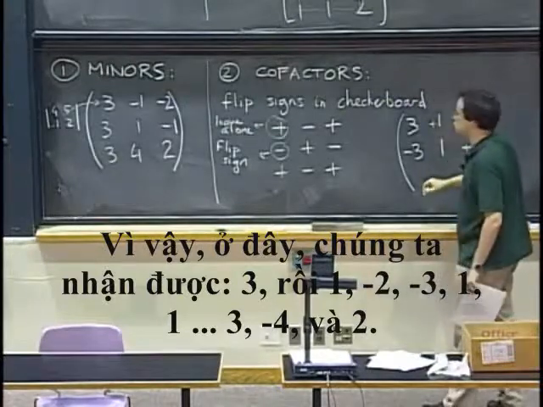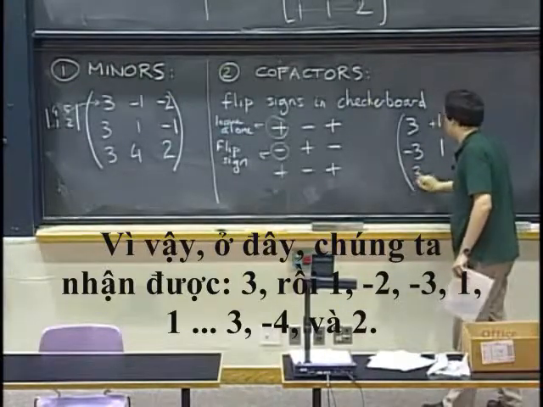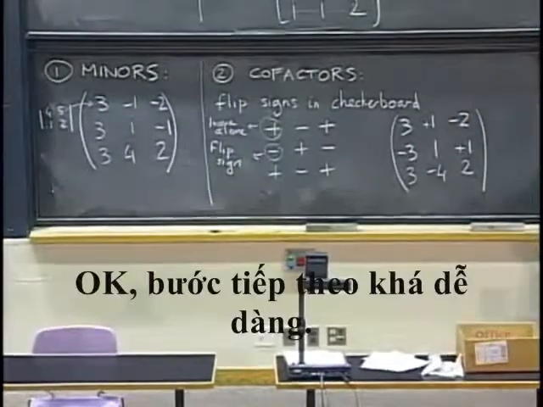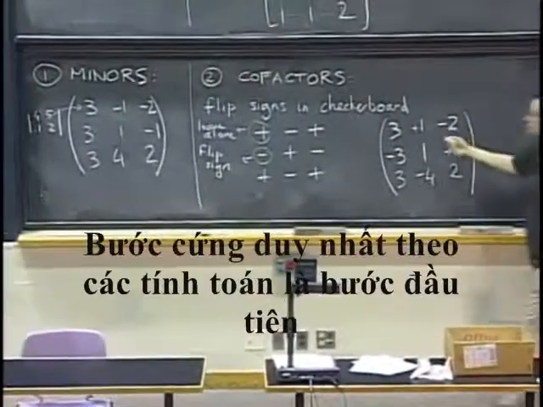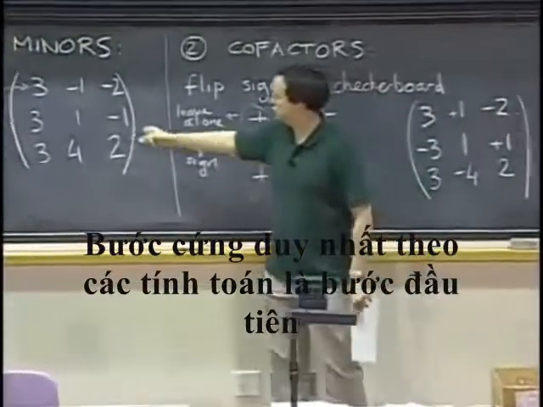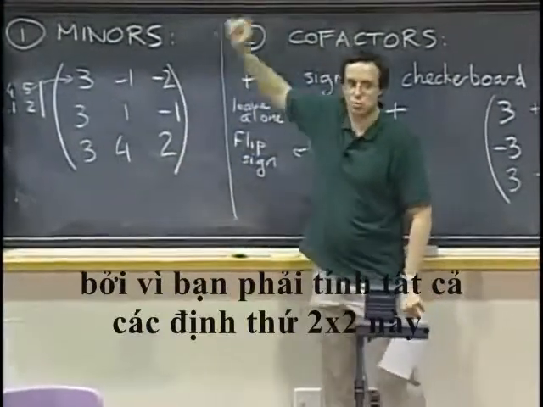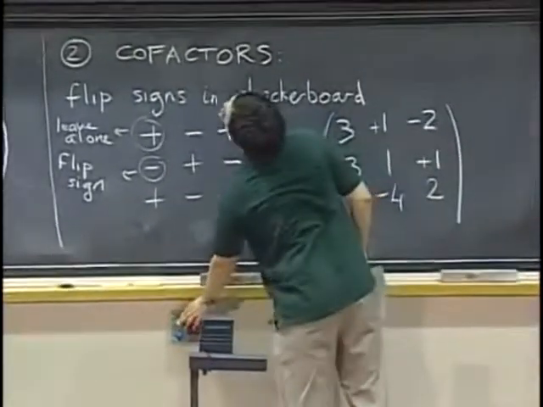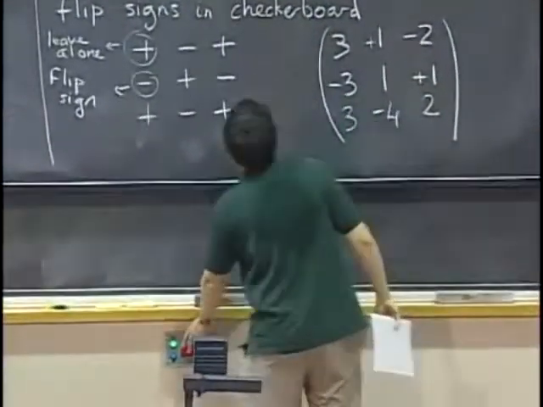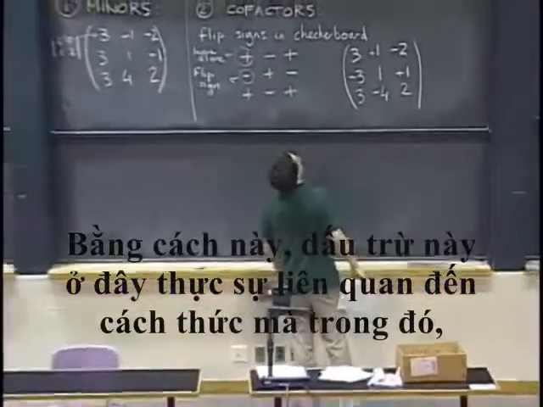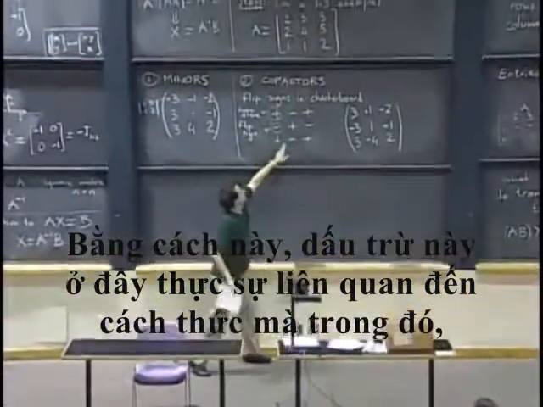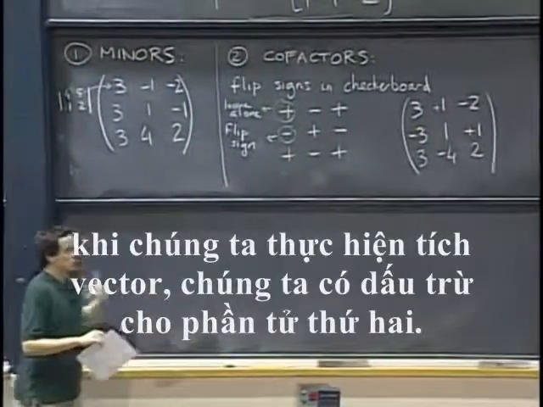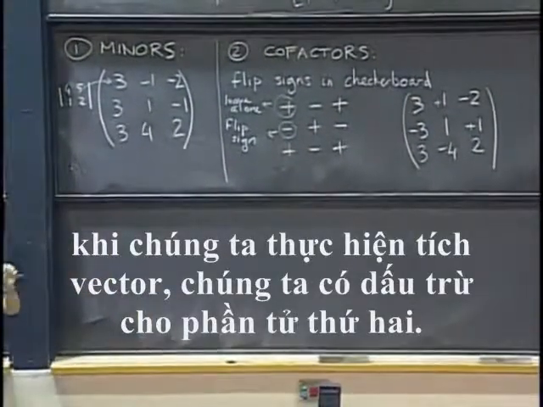Maybe I'll put pluses just to emphasize. 3, minus 4, and 2. That step is pretty easy. The only hard step in terms of calculations is the previous one, because you have to compute all of these 2 by 2 determinants. By the way, this minus sign is very related to the way that, when we do a cross product, we have a minus sign for the second entry.